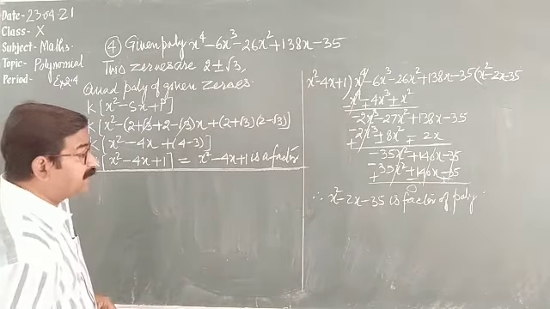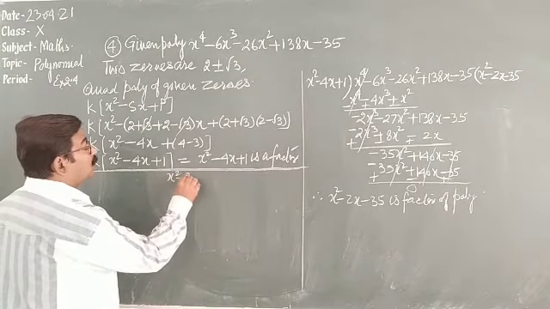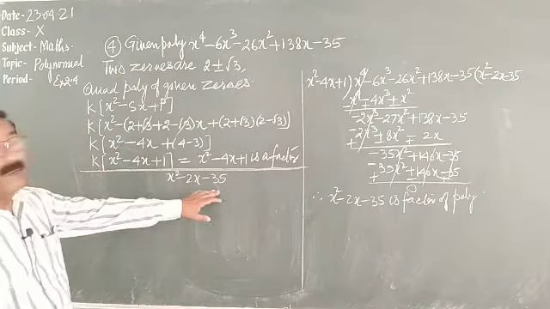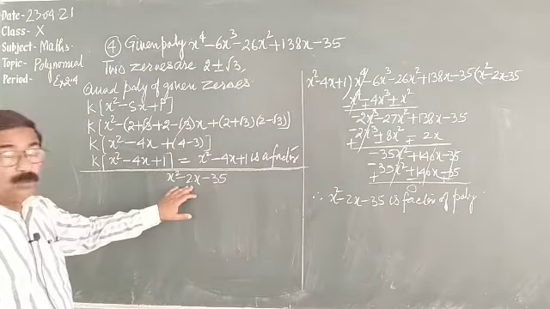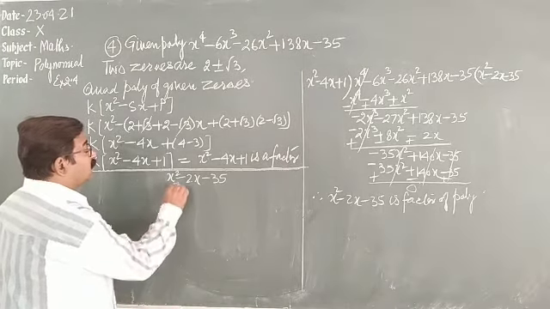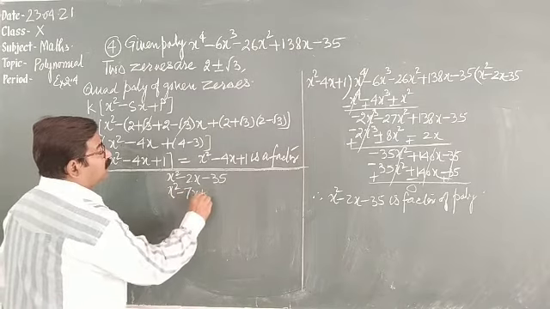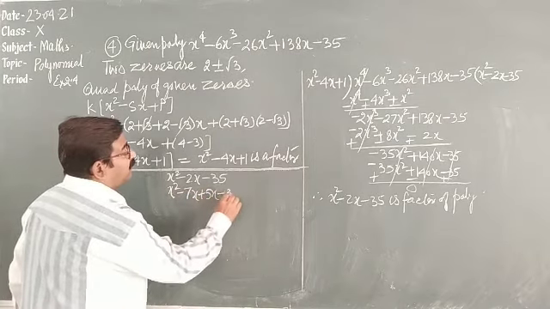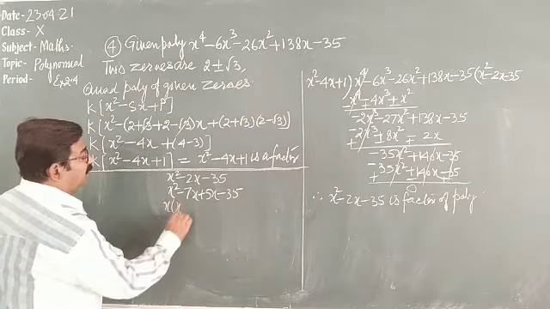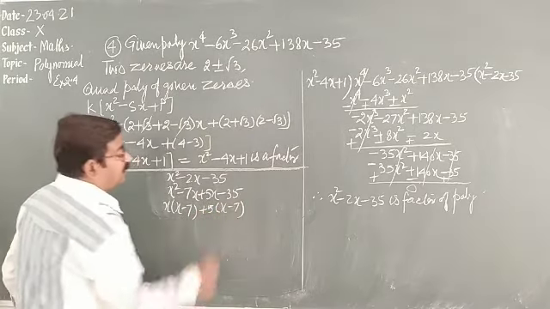What is that? x square minus 2x minus 35. Find the factors of 35 to get the difference 2. So 7 5s are 35, 7 minus 5 is 2. So x square minus 7x plus 5x minus 35. Here x is common: x minus 7, plus 5 is common, x minus 7.